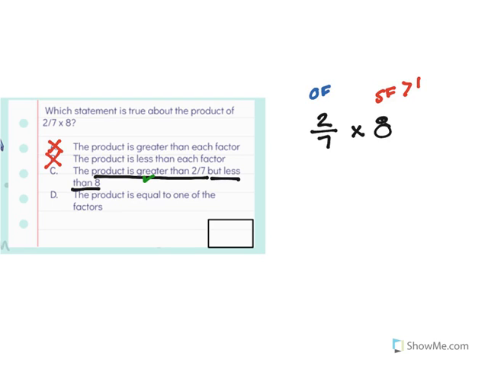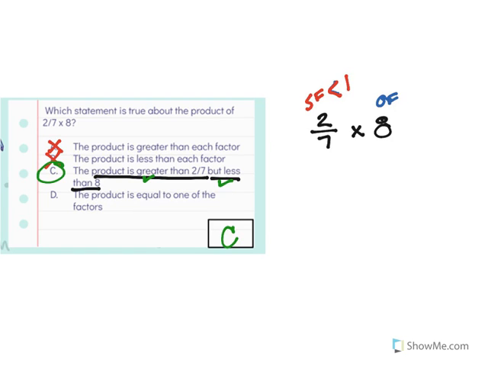But it will be less than 8. If we're comparing to 8 now, that means 2/7 would be the scale factor, and 8 is our original factor. And 2/7 is less than 1. Therefore, our product would be less than 8. So that part is also true. So we just found our correct answer. Our correct answer here is C.